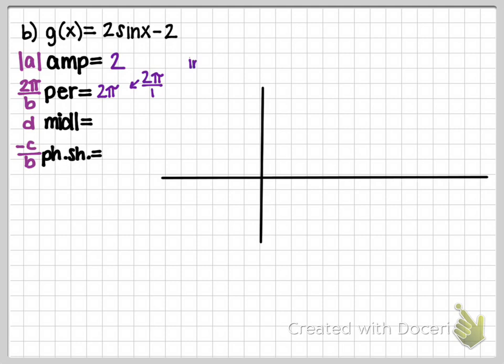Remember, we find the interval that these major points happen at by taking the period and dividing it by 4. So our period right now is 2 pi. We'll divide that by 4. And that means our interval, again, will be pi over 2, just like the last problem.